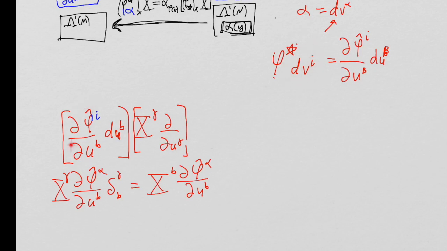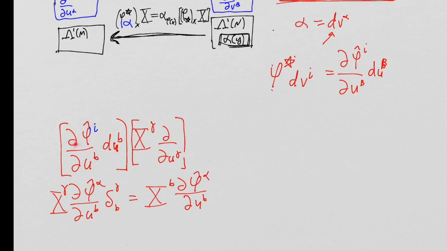So this is the pullback of the ith basis vector in the cotangent space of Neal. Then I operate it on an arbitrary vector in some tangent space x, so this has to be evaluated at x, which means this partial derivative is calculated and then evaluated at x.